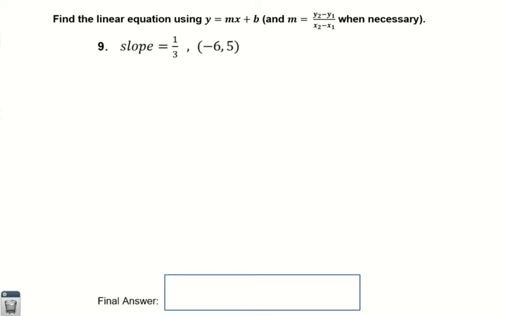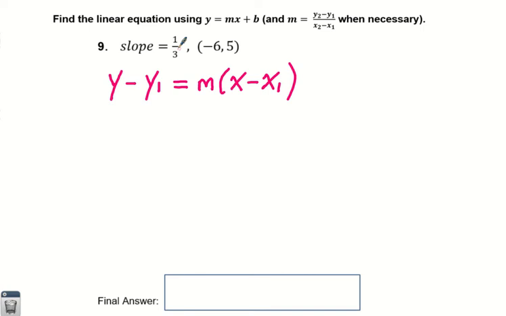Let's just say that our final answer can be in that form, but the way I'm going to do this problem here on this video is I'm going to start with this form, because what they gave me was a point and the slope.